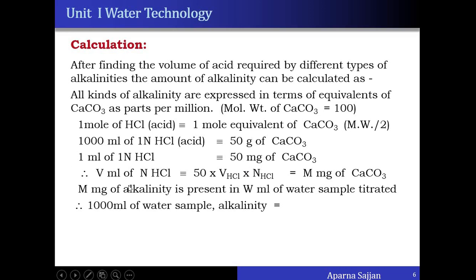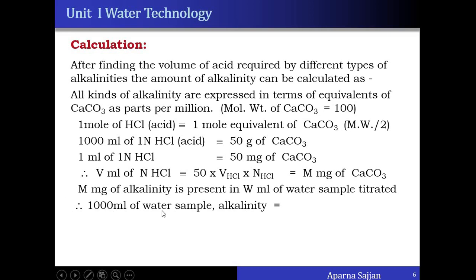So for whatever volume of standard acid is consumed during titration, with that normality, we get 50 into volume of acid into normality of acid, that is m milligrams of CaCO3. So this much alkalinity, that is m milligrams of alkalinity, is present in W ml of water sample titrated.